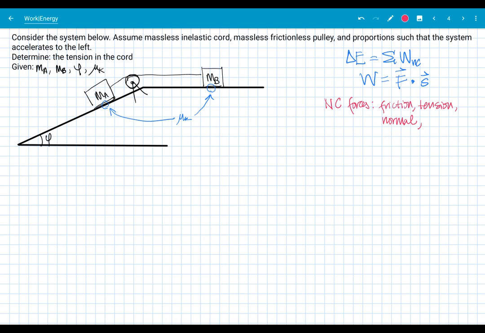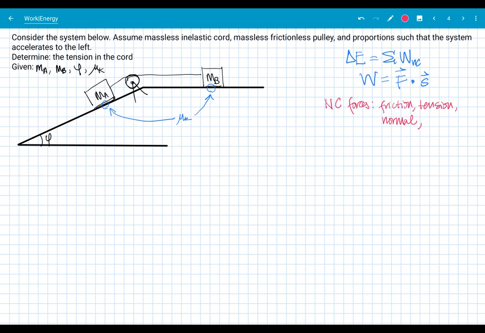Remember that the only conservative forces that we have in this class are gravitational force, or weight, and spring force. There are no springs in this problem, so I'm not thinking about that. But any other force other than weight that appears in the problem is for us a non-conservative force. That's important because that means we need to consider the work done by these forces when we're calculating the right-hand side of our equation.